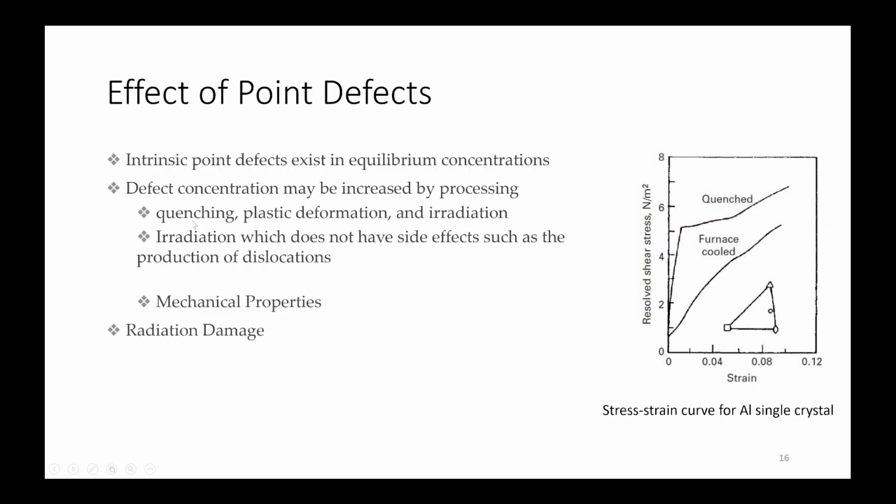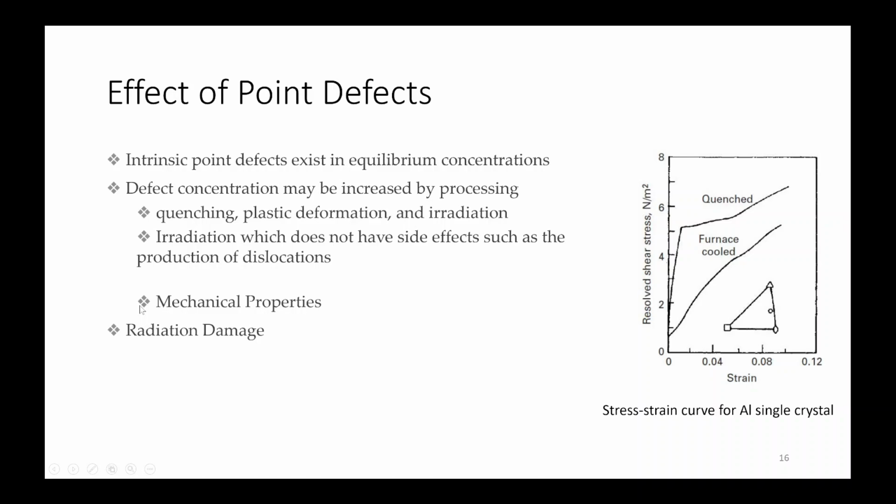One is quenching: if you are quenching the material from high temperature to lower temperature at a very fast rate, the number of vacancies will be much higher. In case of plastic deformation as well, you can introduce vacancies and dislocations. And irradiation, in this case, does not have side effects such as production of dislocations, and vacancies will be produced.